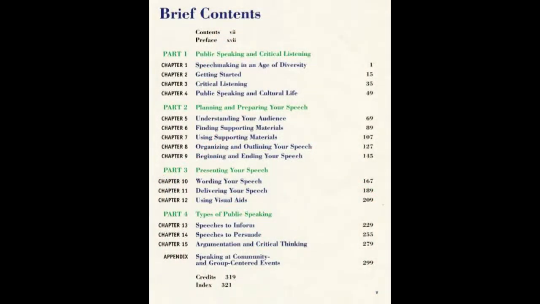This book will teach you about public speaking and critical listening, planning and preparing your speech, presenting your speech, and types of public speaking. What I'm going to be talking about is the 7 steps for planning your speech. I'm also going to talk about organizing and outlining your speech and how to make things a little easier for you.